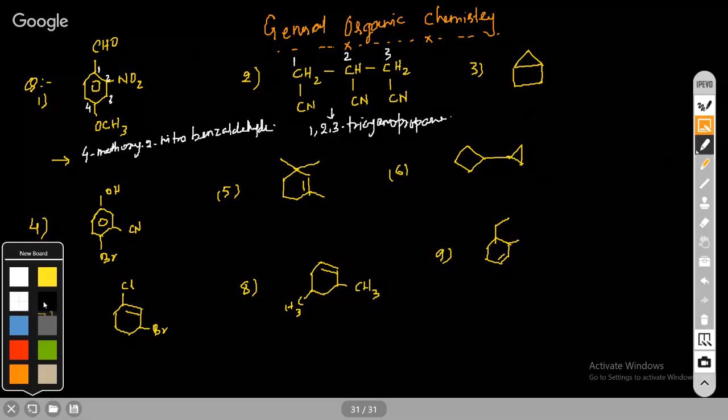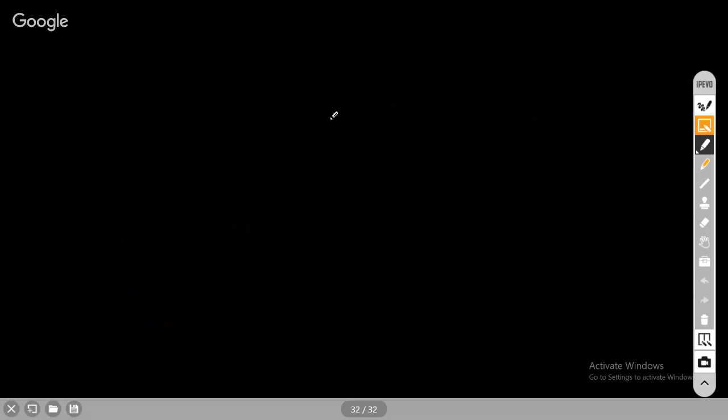I'll give you one more question on the basis of this rule. Suppose we have CH2, CH2, and here we have COOH and COOH. Tell me the name of this compound and this compound.